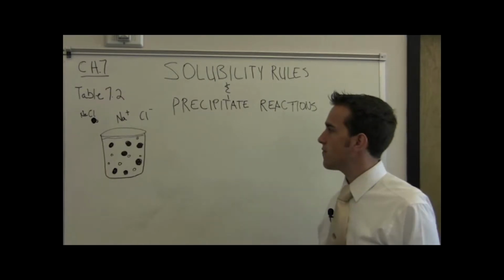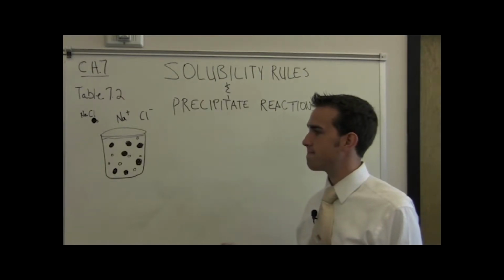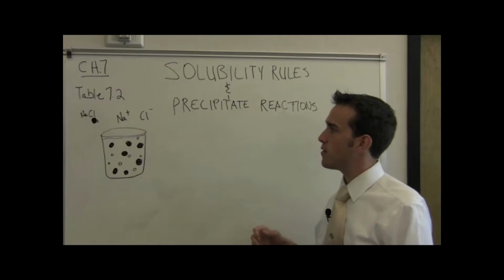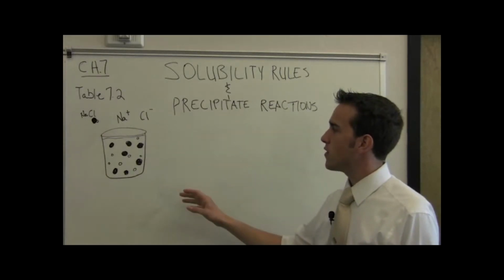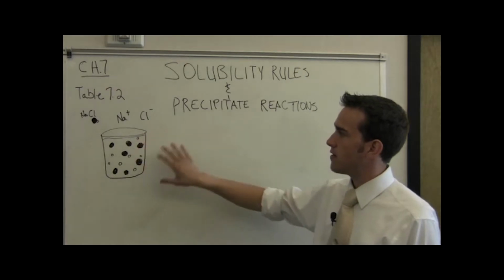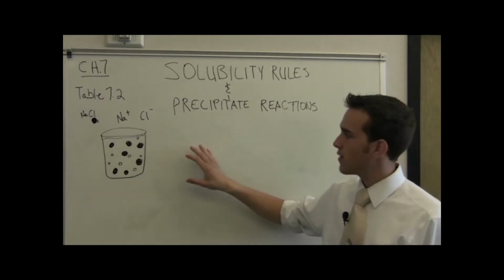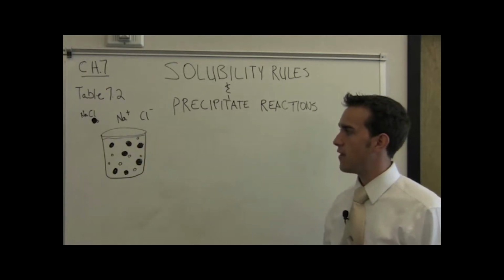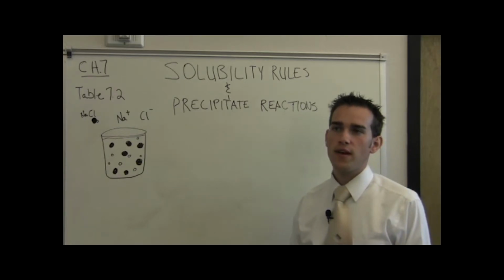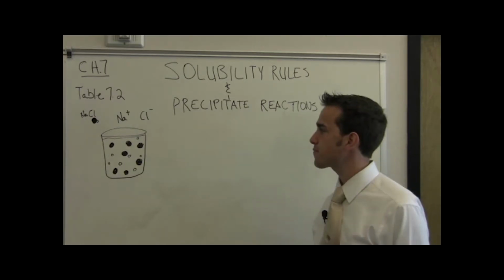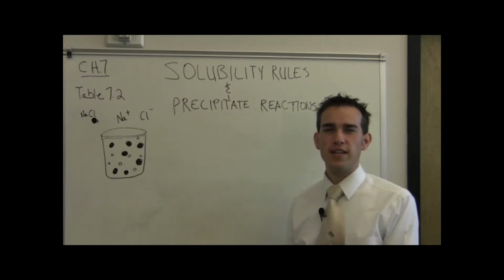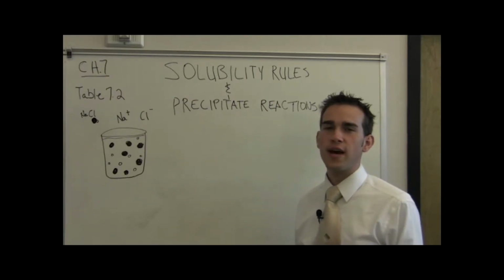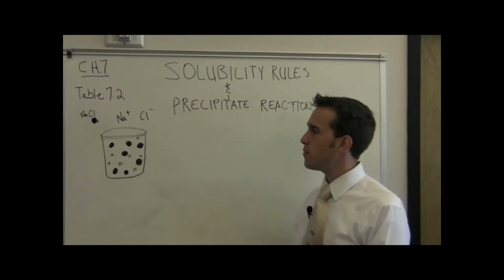A precipitate is what happens when two or more of the different ions in 2 different solutions come together and start to form a solid. Together they're insoluble. So when you pour 2 clear solutions together and you start to get a filmy or cloudy appearance, a precipitate's forming.